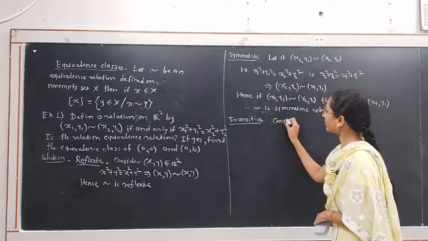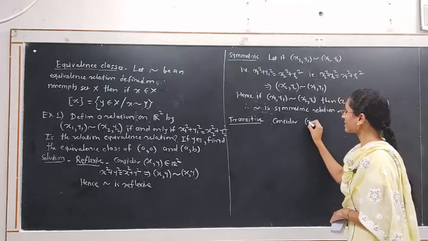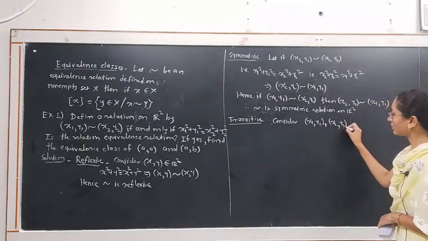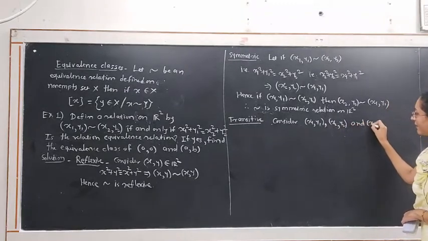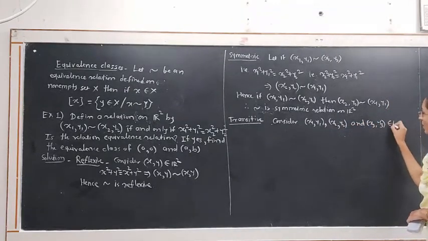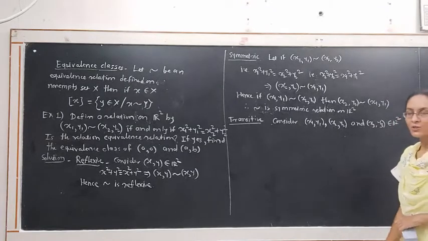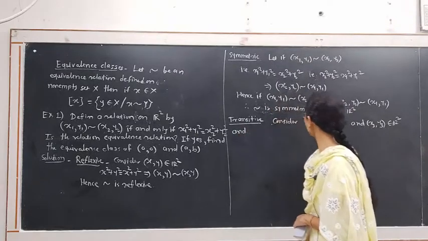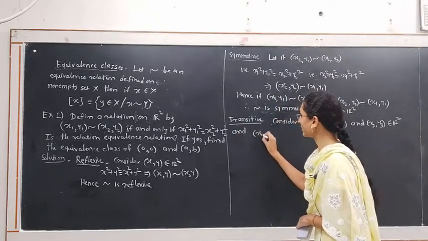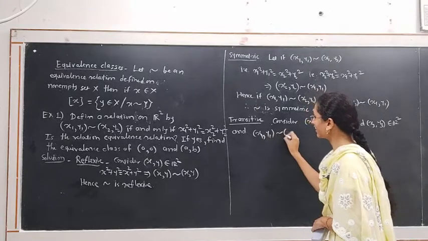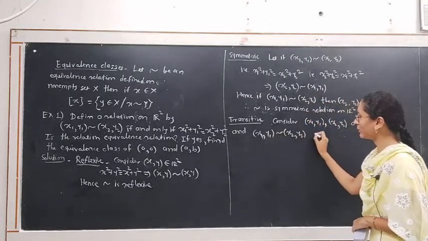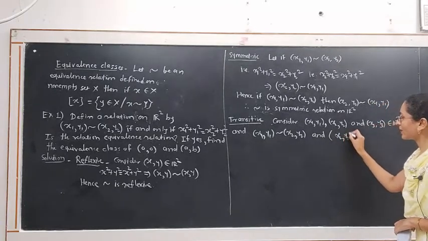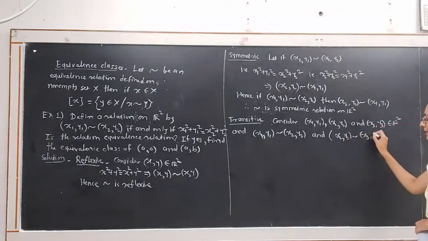Consider the elements (x1, y1), (x2, y2) and (x3, y3) belonging to R2. These are three elements of set R2, and if (x1, y1) is related to (x2, y2), and secondly (x2, y2) is related to (x3, y3).